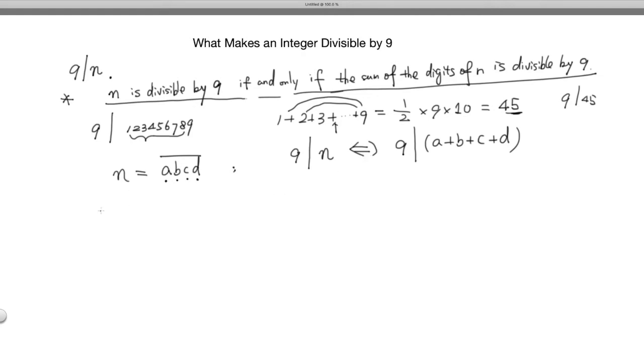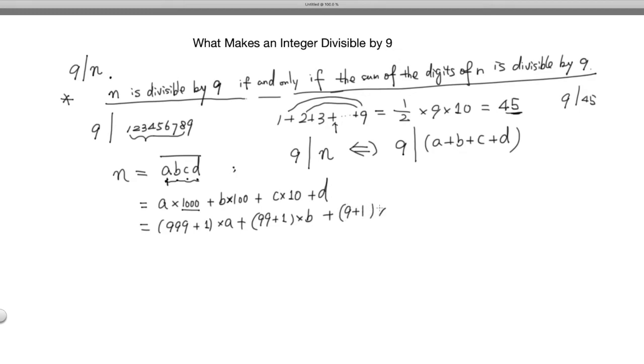All right, so n equals A, B, C, D. The meaning of a 4-digit number is that n is A times 1,000 plus B times 100 plus C times 10 plus D. That's the meaning of a 4-digit decimal number. Now, we can write 1,000 as 999 plus 1, so it's 999 plus 1 times A, plus 99 plus 1 times B, plus 9 plus 1 times C, plus D.